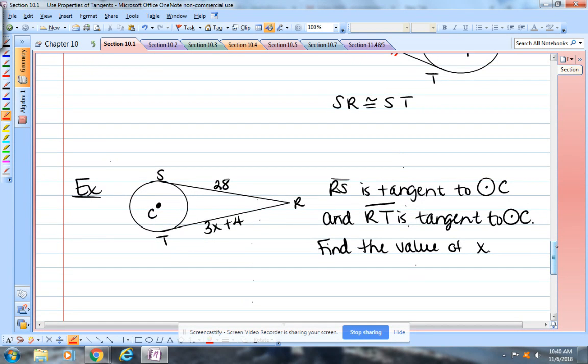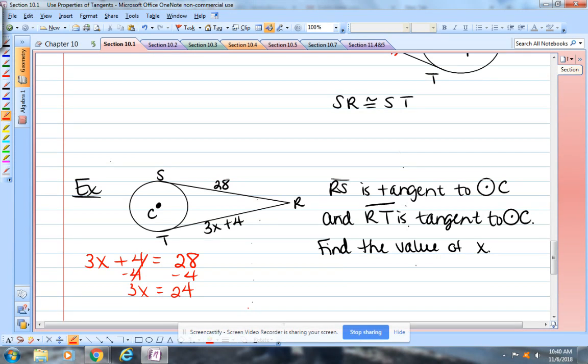Therefore, how do I find X? Right, I can set both sides equal to each other. And then I can solve it for X. So how do I do that? Subtract 4 on both sides. So 3x equals 24.